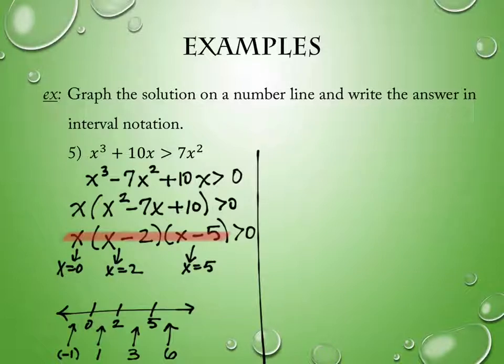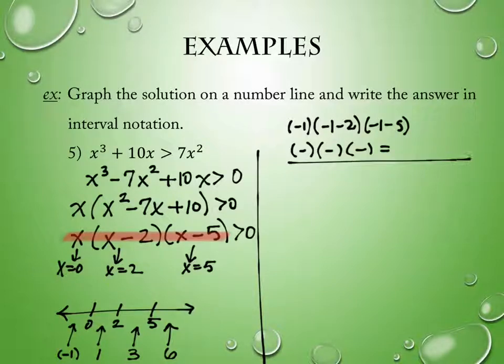So I can test this and I plug a -1 in for x, -1, and then -1 minus 2, and -1 minus 5. So the first one's, of course, negative. Second one's negative, and the third one's negative. 3 multiplications that are all negative give me a negative.